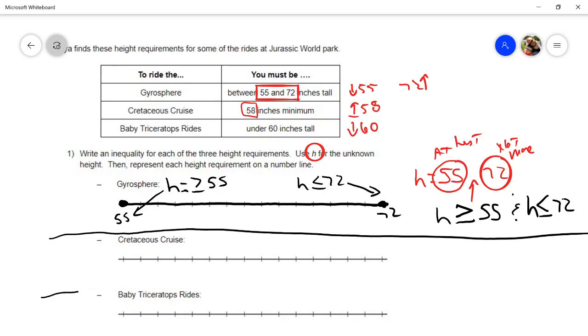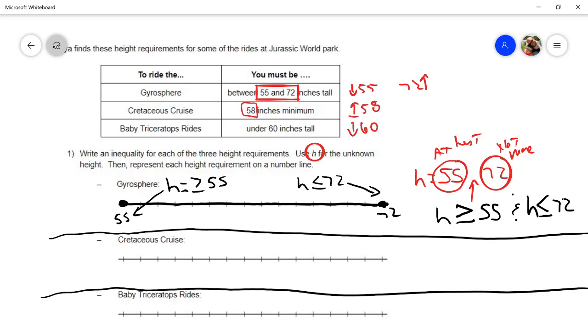My Cretaceous Cruise. 58-inch minimum. So my height needs to be at least, so equal to 58 inches, and then anything above.